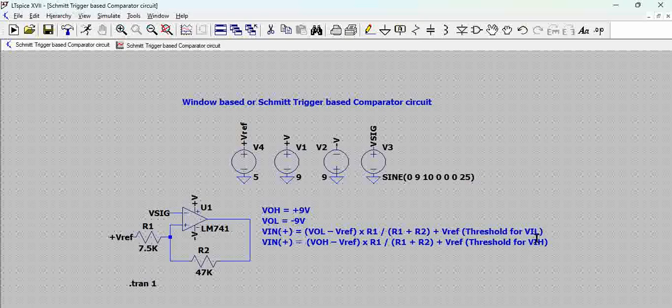That means it changes symmetrically. But if you change VOL or VOH, for example, you have plus 9 volts but minus 5 volts here, then again the thresholds are going to change. VOL will impact the VIL value.